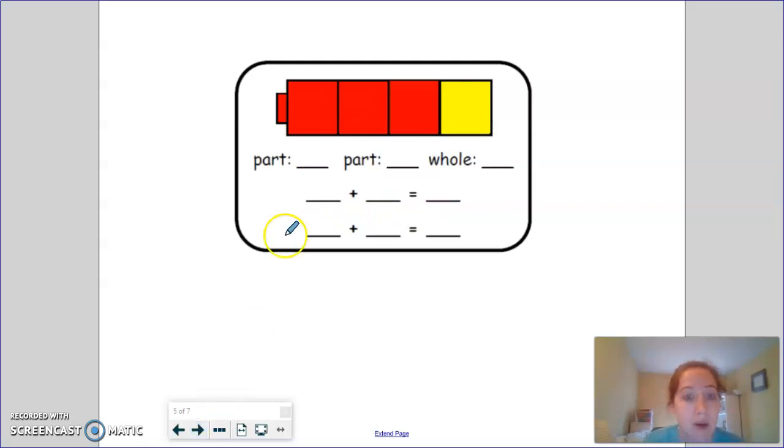Okay, now, how many cubes in the first part? I see 1, 2, 3. I'm going to write that down so don't forget it. Then how many cubes in the second part? Just 1. Makes how many cubes all together? We have 1, 2, 3, 4. Okay, now it's time to make them colorful.